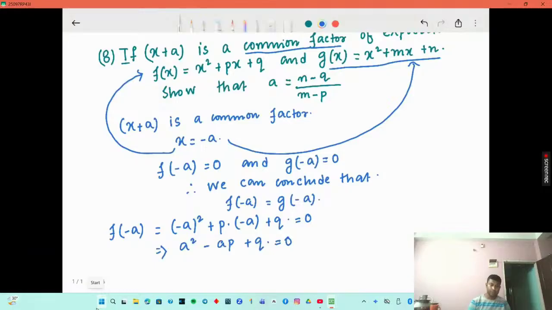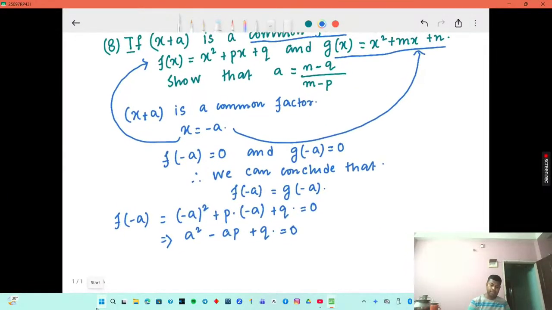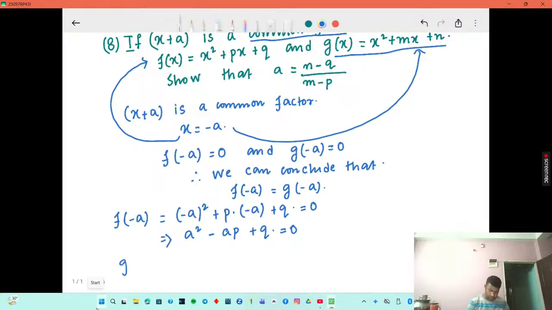We will put the value minus a in the second equation, that is g(-a) is equal to (-a) whole squared plus m into (-a) plus n, which will be equal to 0.